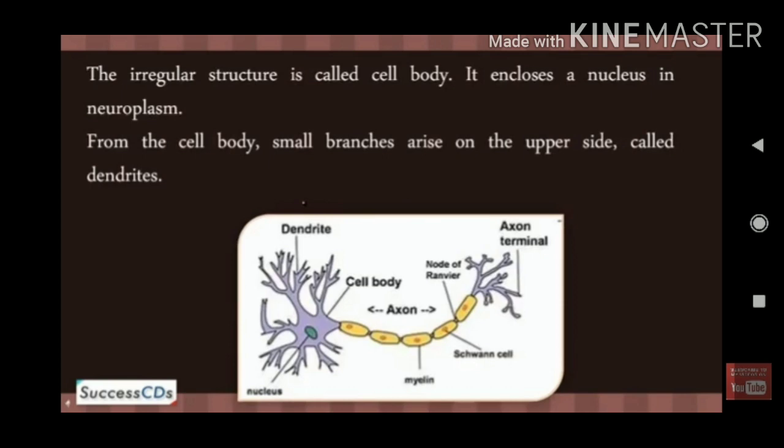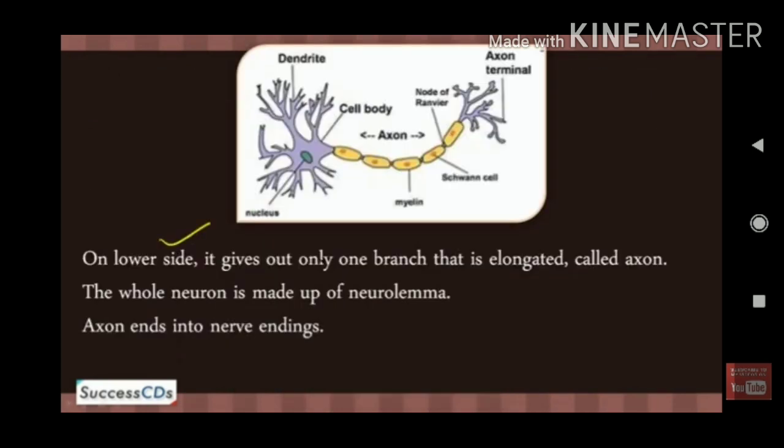The cyton is the cell body of a neuron. Within the cyton, a single nucleus and cytoplasm are present. From this cytoplasm, small branches come out of the cyton, called dendrons. The dendrons are short fibers. These dendrons receive the message from a neighboring neuron and transmit it to the cyton. The third major part of the neuron is the axon.